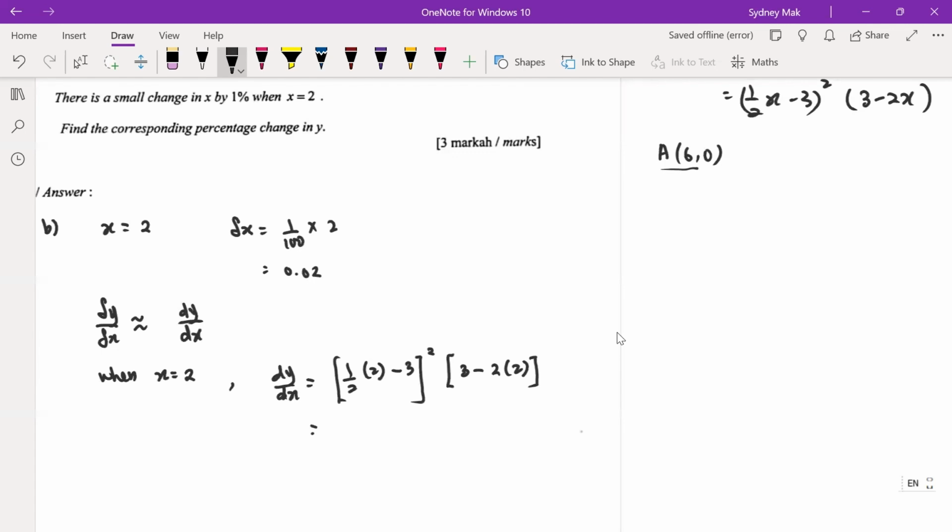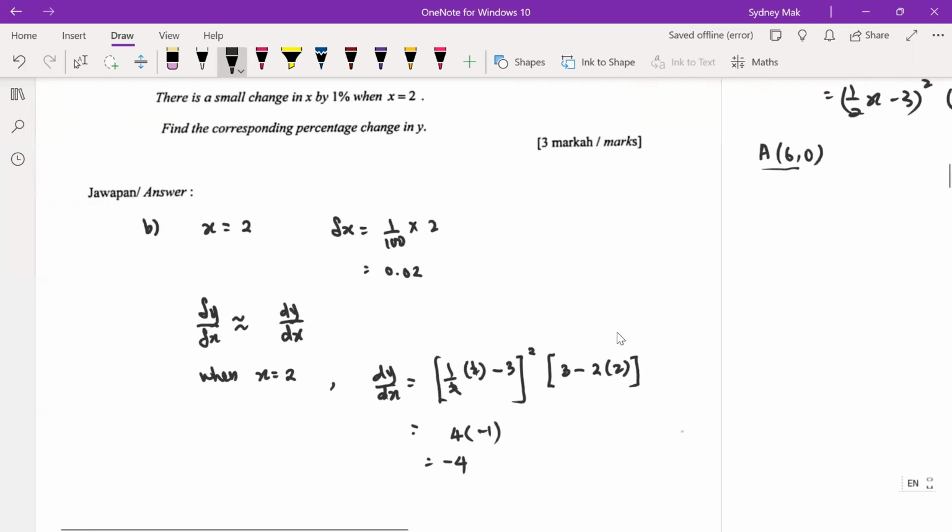Over here, you can use the calculator. So 1 minus 3, we got negative 2 squared, 4. And then 3 minus 4, which is negative 1. So we have negative 4.